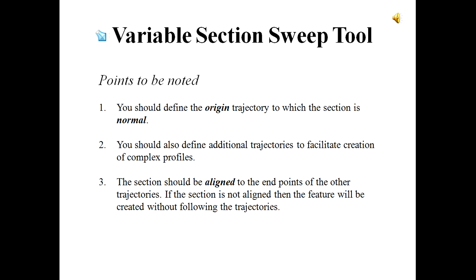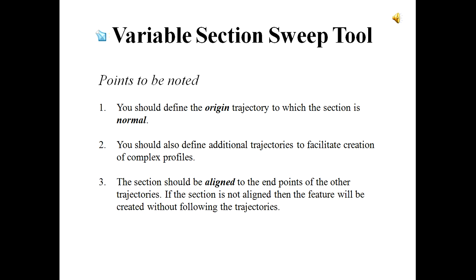As far as the trajectories are concerned, all the trajectories are to be sketched using the sketch tool in the datums group. The variable section sweep tool will just do the job of selecting the trajectories, as we have seen and done in the sweep and swept blend tools.